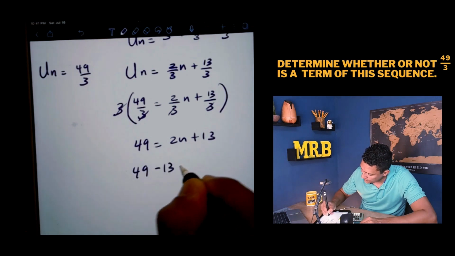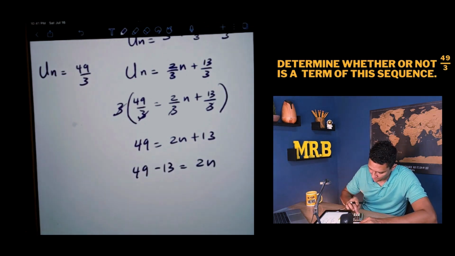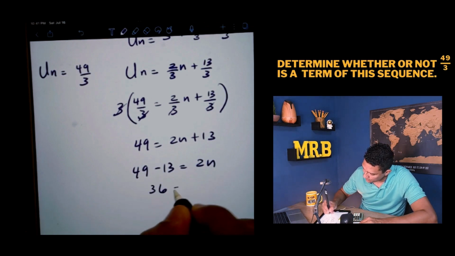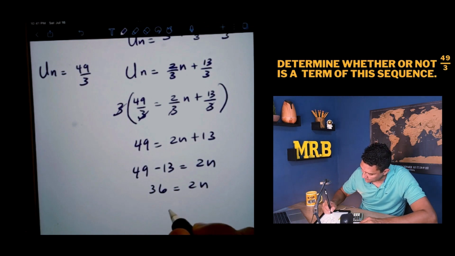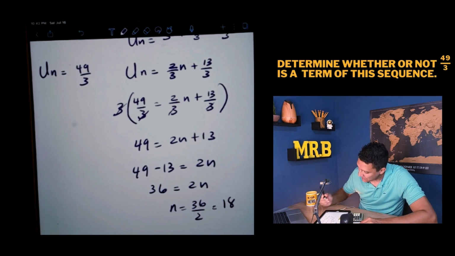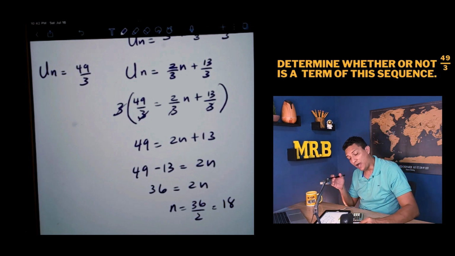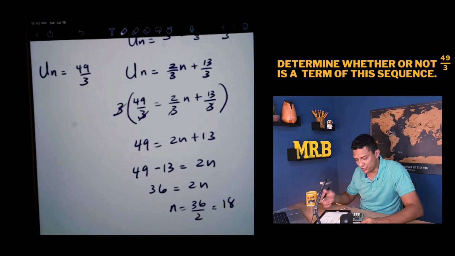49 equals 13 plus 2n. So let's subtract that. 49 minus 13, that is 36. And then the 2 has to pass dividing. So 36 over 2, that is going to be 18. So notice that 49 thirds, according to our equation, is located in the 18th position. It is an integer.